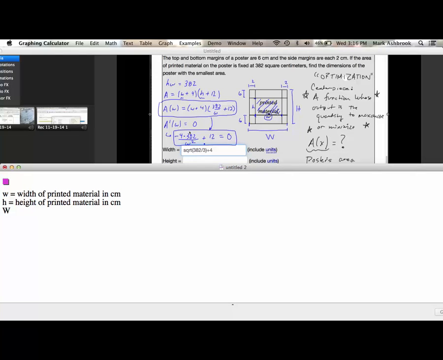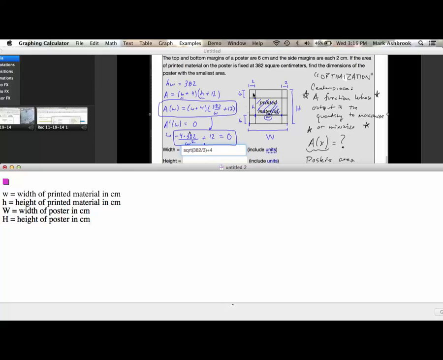And then I call big W the width of the poster in centimeters, and big H the height of the poster in centimeters. Okay, and so we made some progress. We said that therefore little h times little w is the 382 fixed value.